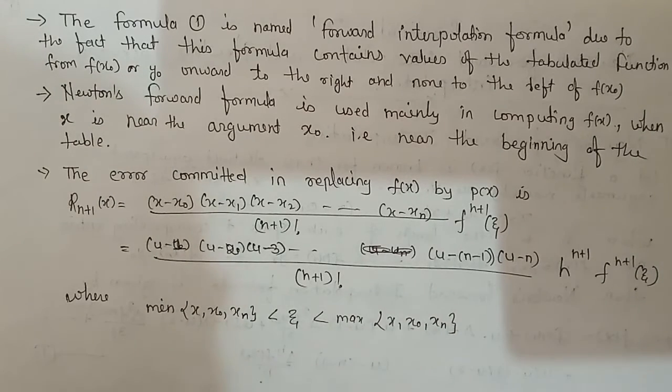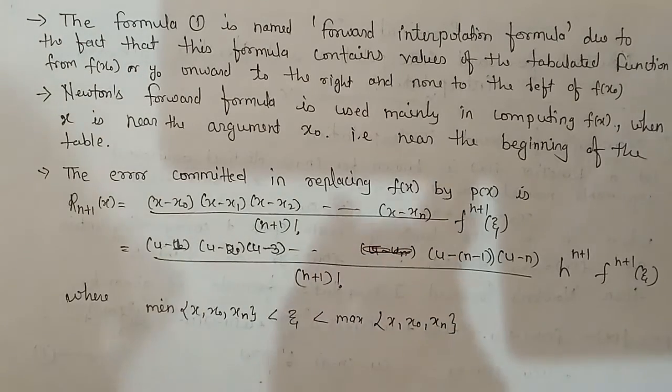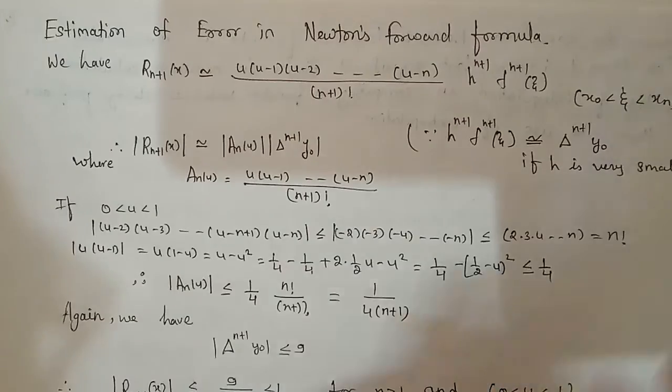This xi always lies between the minimum value and the maximum value of x0 and xn. Here h is nothing but the length of the space.